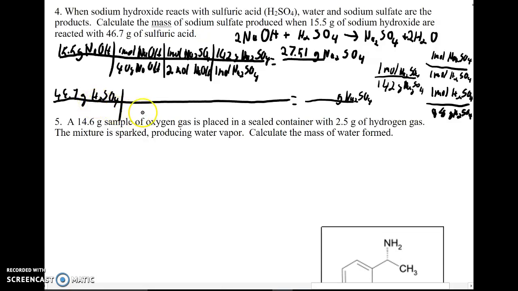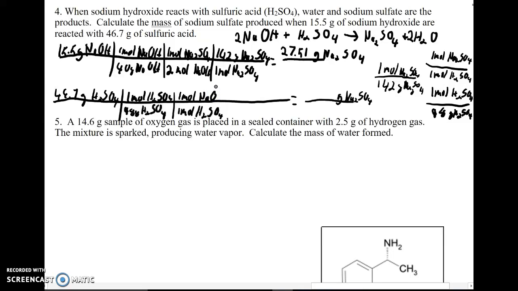I want to get grams of H2SO4 down here, so I'm going to choose this conversion factor right here. 98 grams of H2SO4 in 1 mole of H2SO4. Then there is 1 mole of H2SO4 in 1 mole of sodium hydroxide, NaOH.